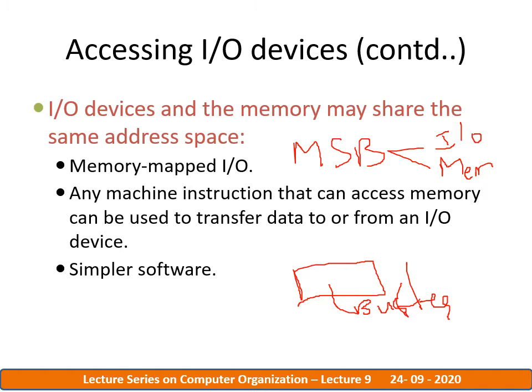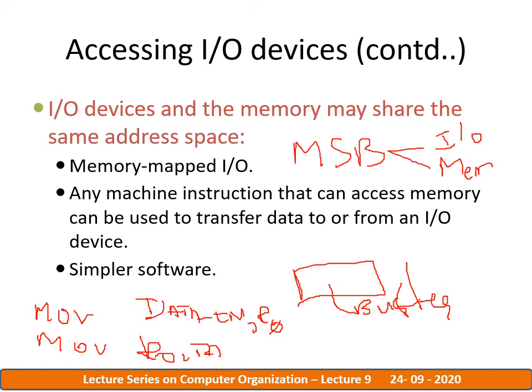Then the instruction move data in, comma, R0 reads the data from the data in buffer and stores it into the register R0. Similarly, for the output devices, what is the instruction? Move R0, comma, data out.